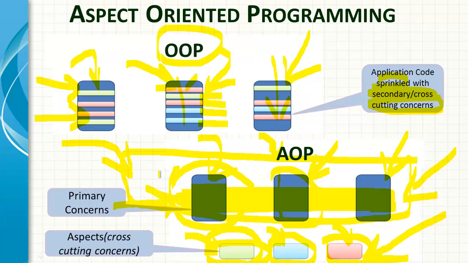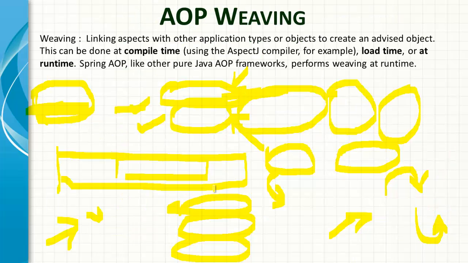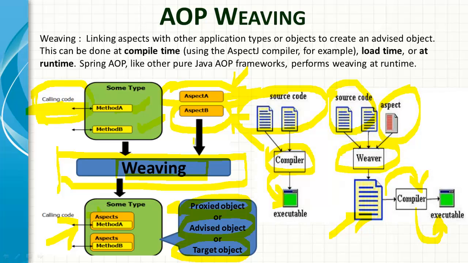All you can do is divide it into two different parts, and you can tell a weaver, even though my two codes are separate, what I want is, you take this and you take this and you make sure the code is executed at this point of time. That's what weaving is. So we are weaving the primary concern and the secondary concern together to create a proxied object, advised object, or the target object. That's what AOP weaving is.